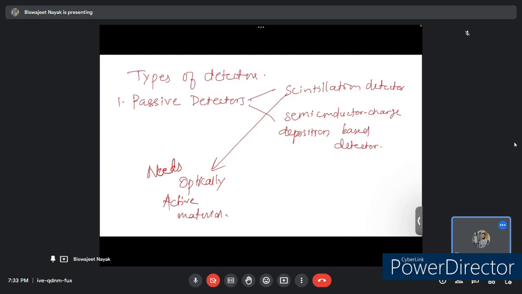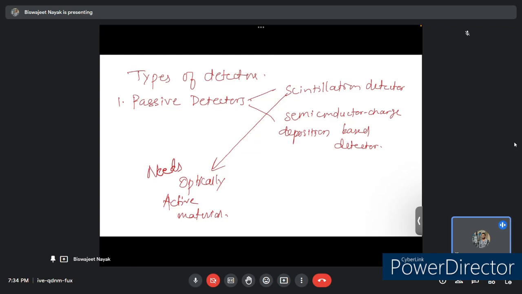When there is energy deposition in this semiconductor, they provide enough energy to lift loosely bound valence shell electrons into the conduction band, and because of this a potential difference happens.